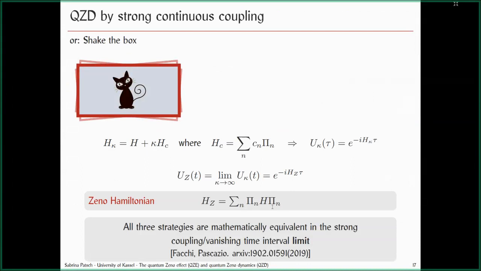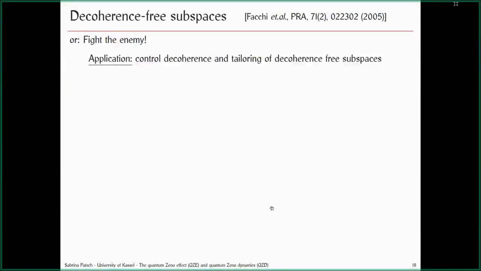So now we talked about many methods of how to annoy cats, and now we want to see what we can actually do with that. So there's one example, which are decoherence-free subspaces. We saw that with all the methods, we are restricting our dynamics to some subspace of our system.